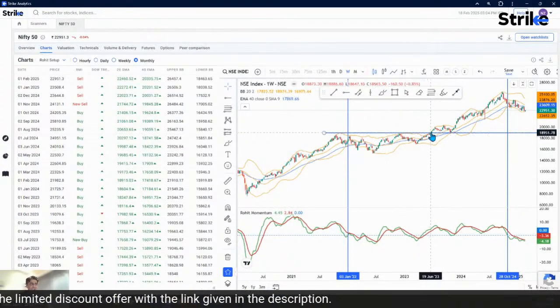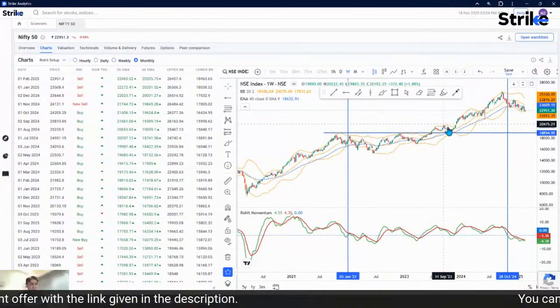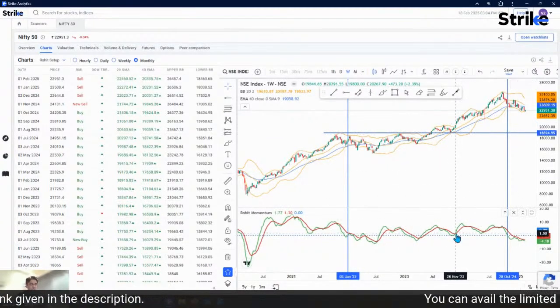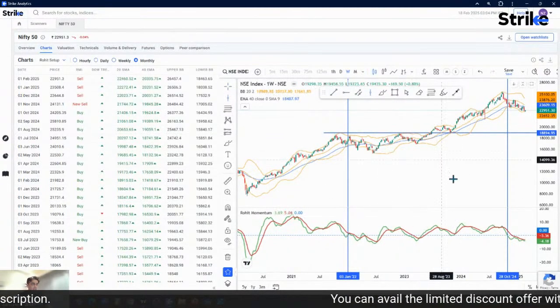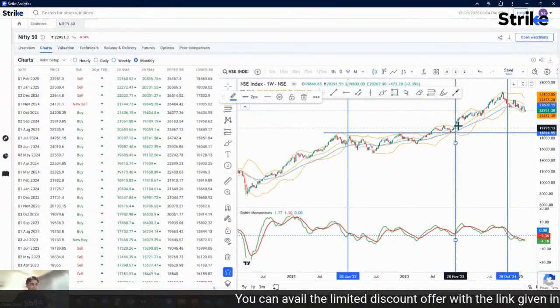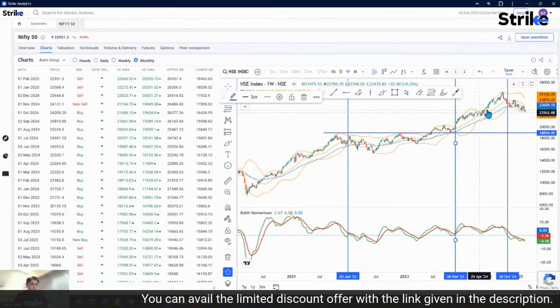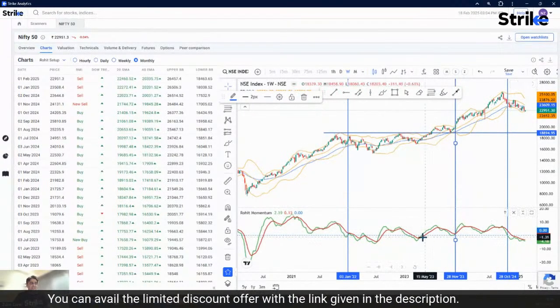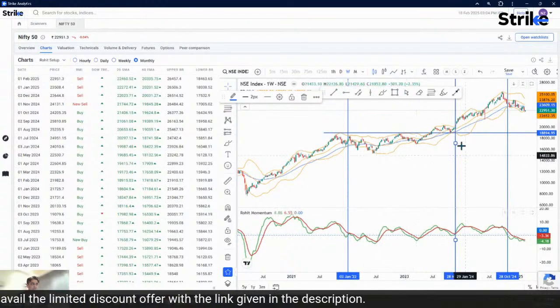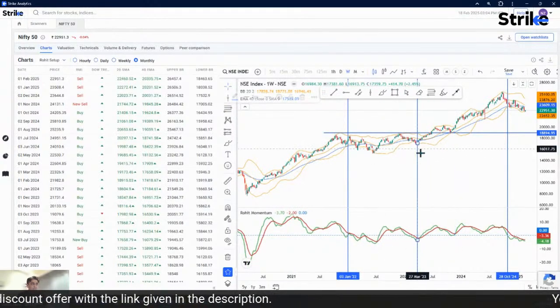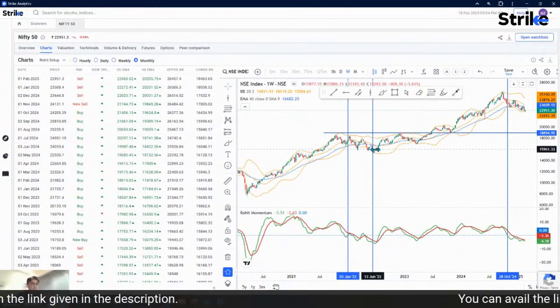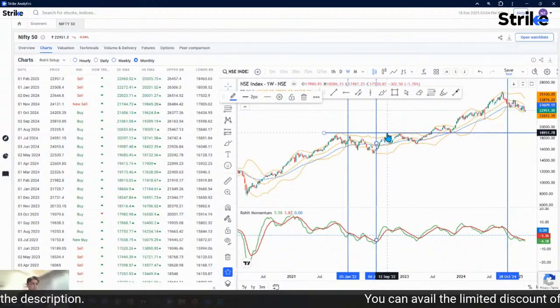Only after this particular top was breached, this new buy signal over here on the weekly time frame chart was the time to take it again, and ignore all these buys where Nifty did go up a little bit but did not last longer, for a short term.